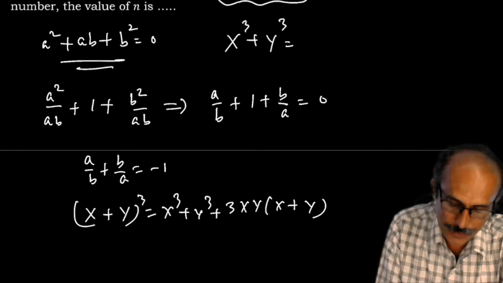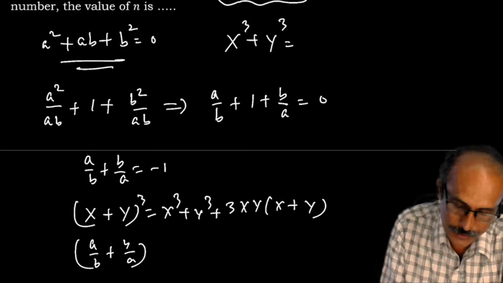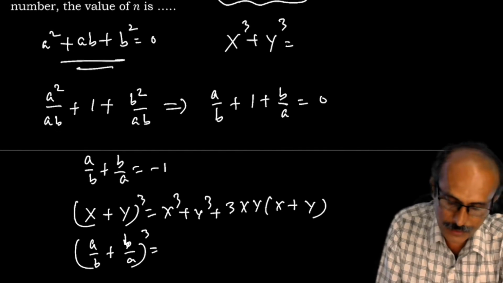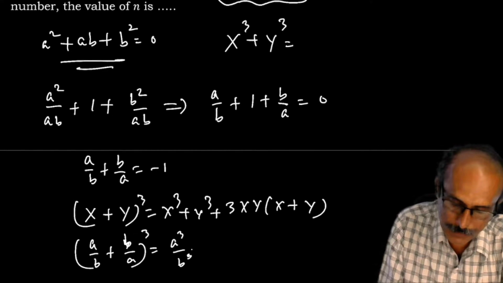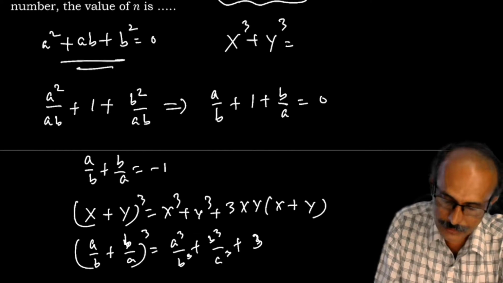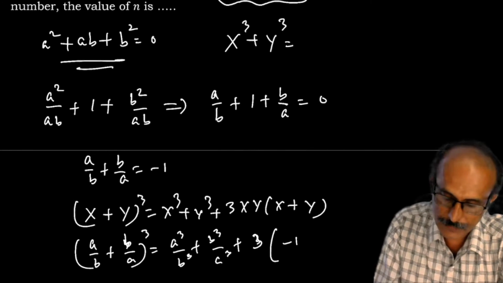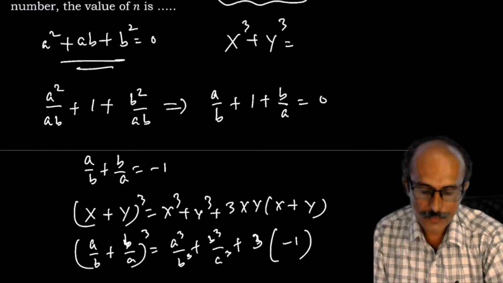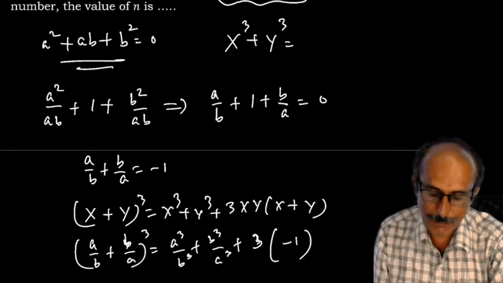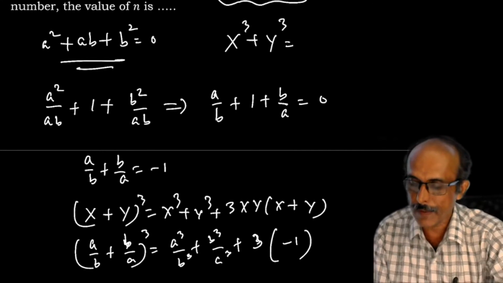So cubing, we have (a/b + b/a)^3 = a^3/b^3 + b^3/a^3 + 3 into 1 into (x+y), and x+y = a/b + b/a = -1. Substituting this, we are going to get the final answer.